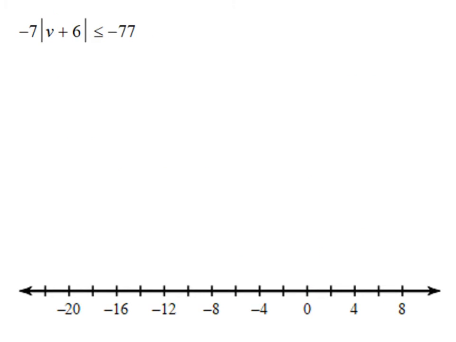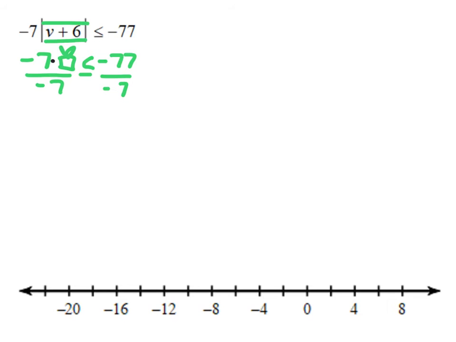For our next example, again, we're going to wrap it up like a present and solve to get it by itself. So we'll have negative 7, the present, is less than or equal to negative 77. Now this negative 7 is really multiplied by the present. So in order to get the present by itself, you have to divide both sides by negative 7.